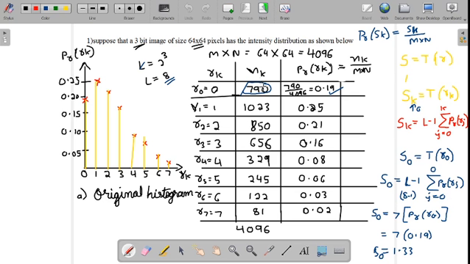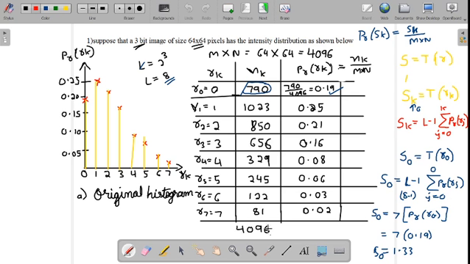When you add them all up, it equals the number of pixels in the image, which is m cross n. So 64 cross 64 is 4096 elements.